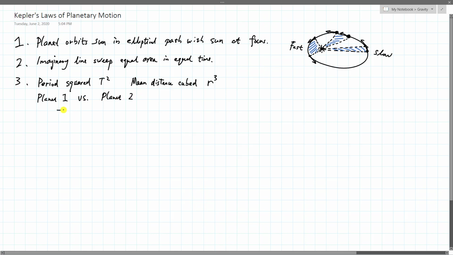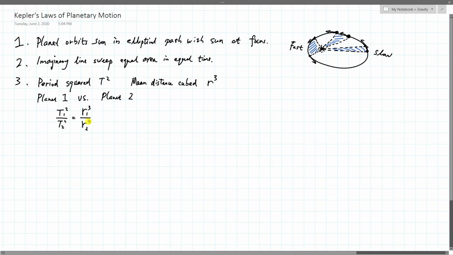Planet 1's period squared over planet 2's period squared is the same as planet 1's distance to the sun cubed over planet 2's distance to the sun cubed.